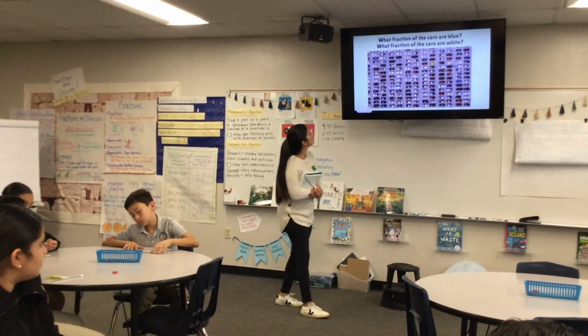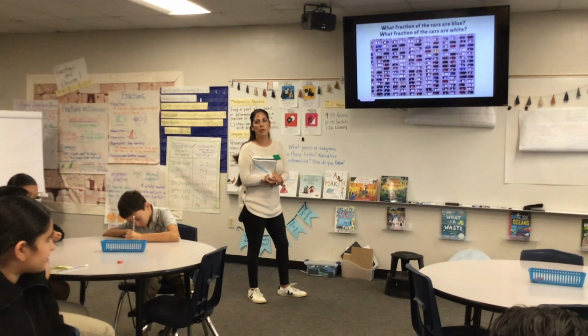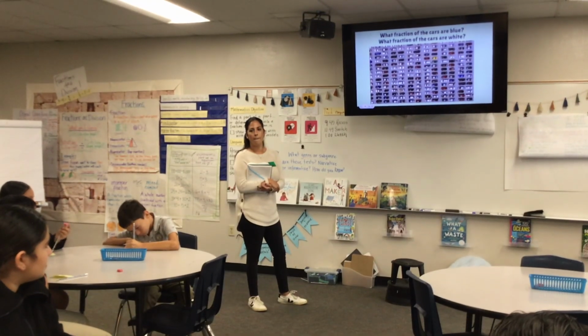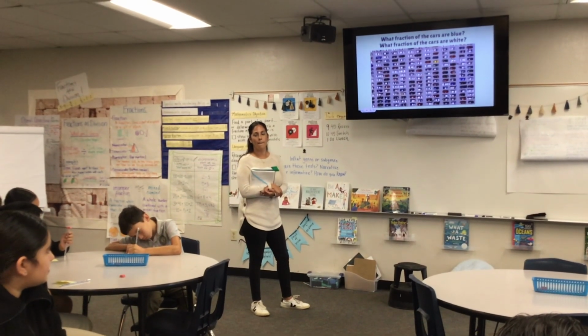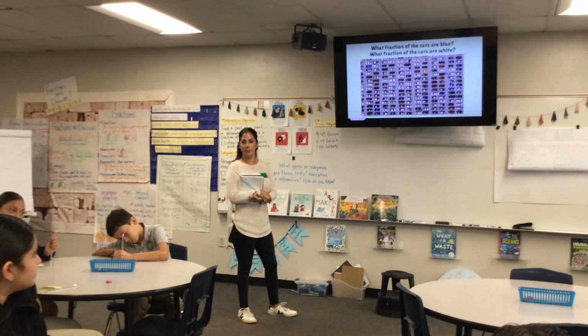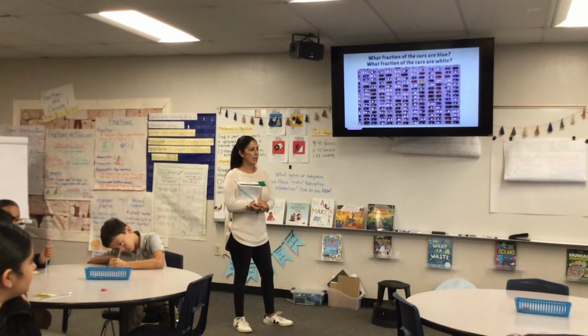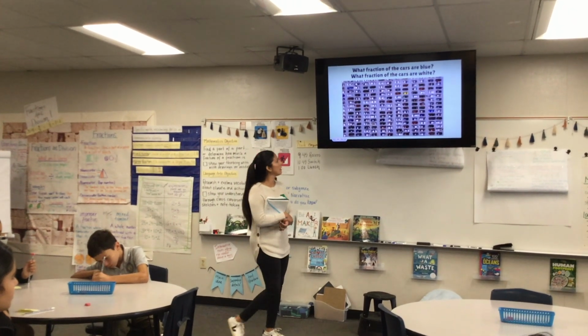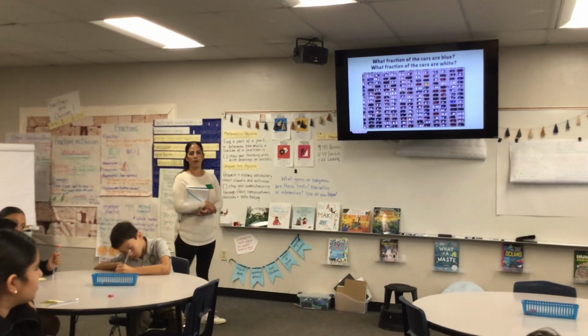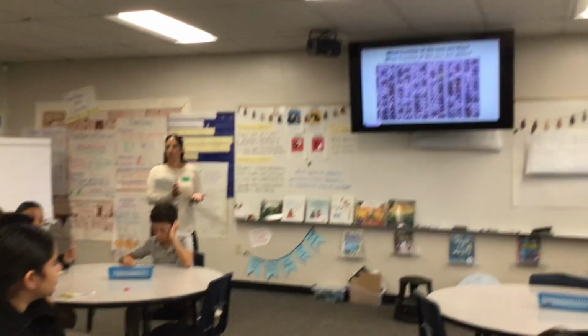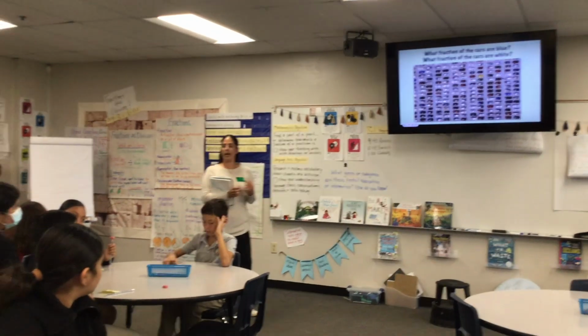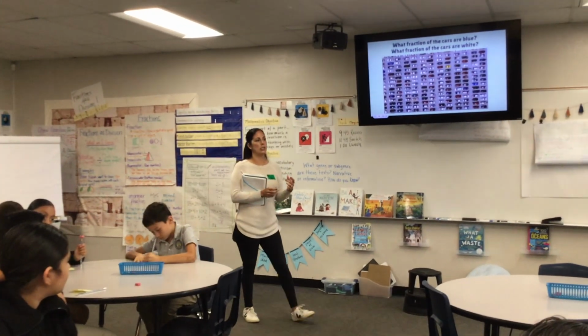Do you think there's about 20 cars in each row that are white? Most of them are white. Yeah. Most of them are. Okay, so I think the fraction could be between what Frida and Lilith were saying, right? 1/4 and 1/2. And then the fraction for the blue cars, it needs to be what?